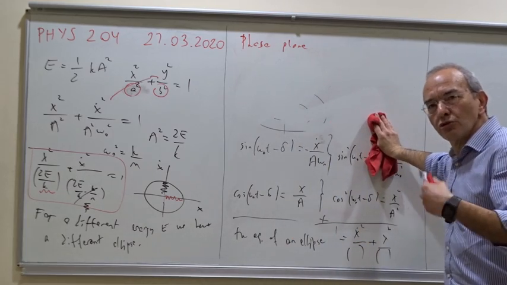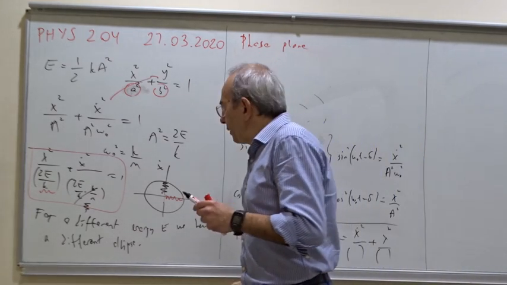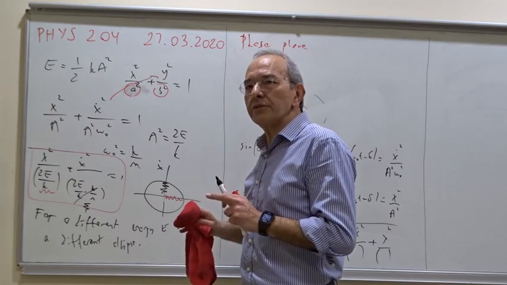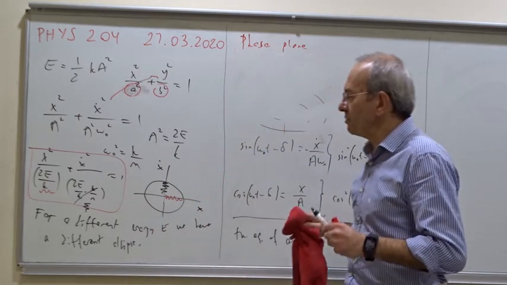Do we always have closed ellipses? If the system doesn't lose any energy, for conservative systems, yes.